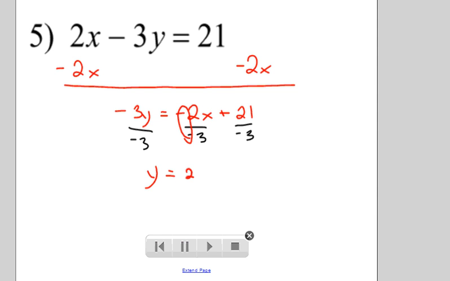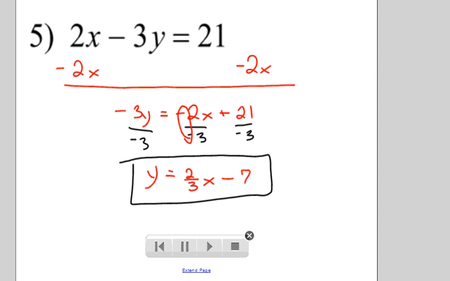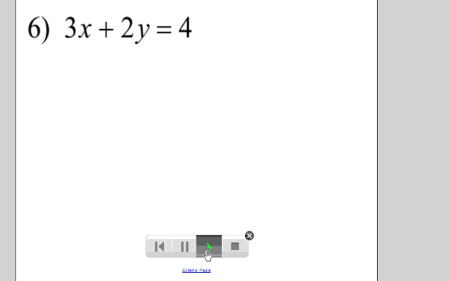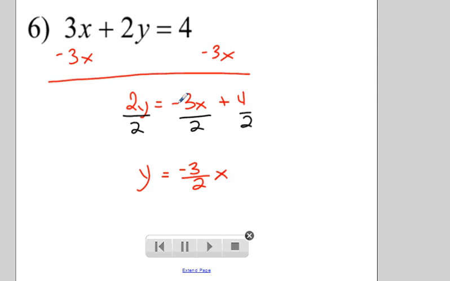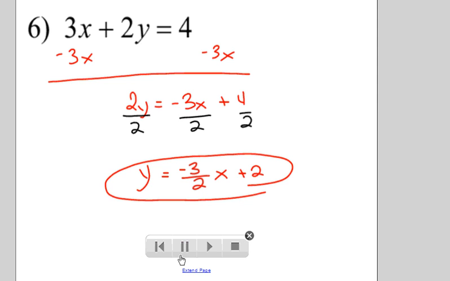Again, they'll cancel out and make it positive. So this stays a negative because we only have one negative sign there, so -3/2 x plus 2.